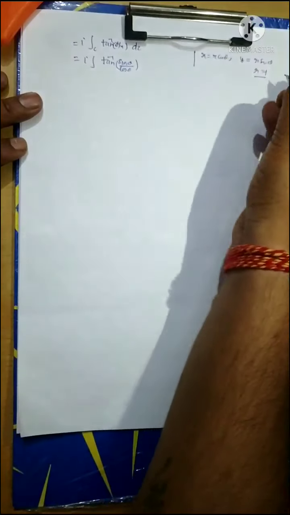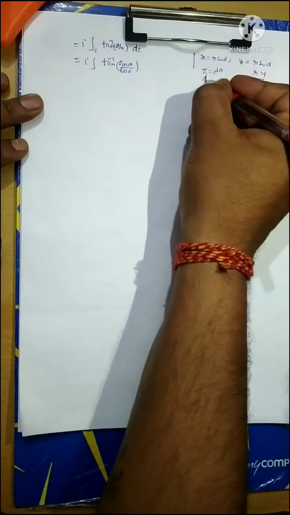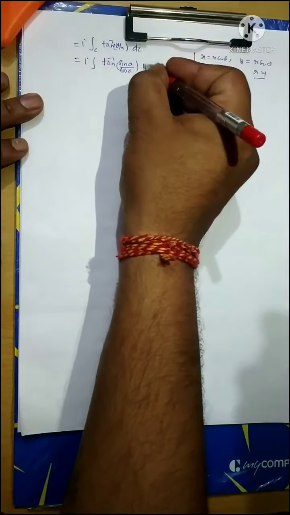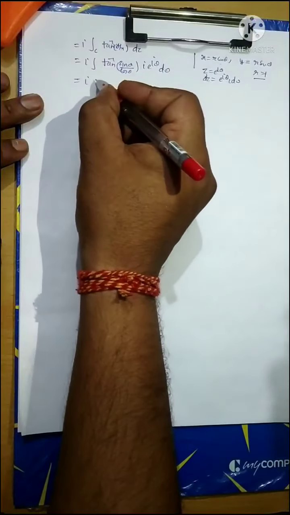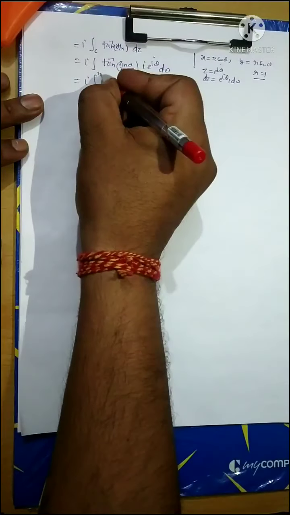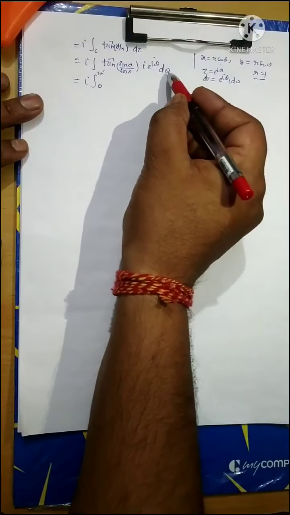Now dz, since z is equal to e to the power i theta, dz equals e to the power i theta i d theta. Now i integration over limit 0 to 2 pi. Now the contour integration converts into the unit circle integral.